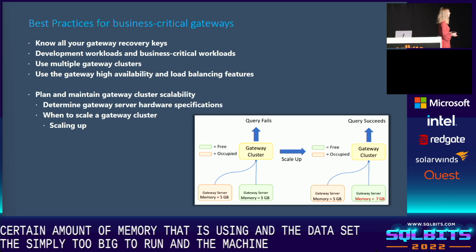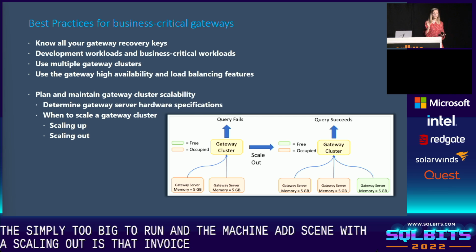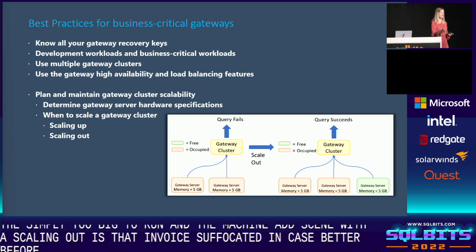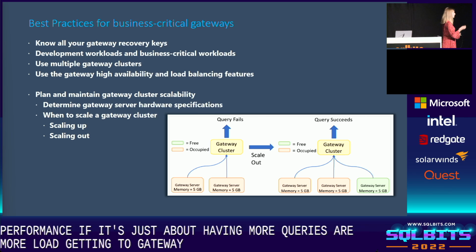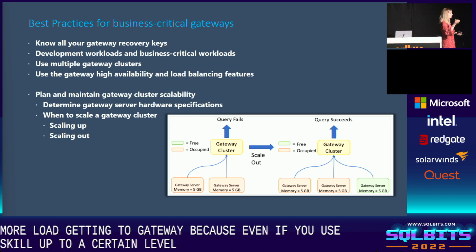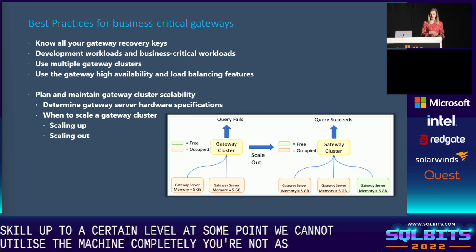But what we have seen with scaling out is that in most cases, it gives better performance if it's just about having more queries or more load getting to the gateway. Because even if you scale up to a certain level, at some point we cannot utilize the machine completely or not as efficiently anymore.